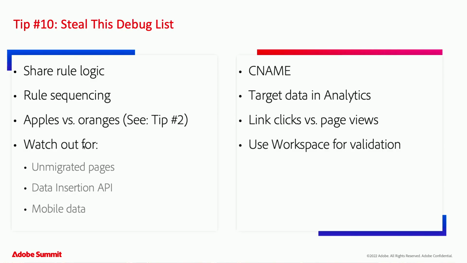Share rule logic. I actually already mentioned that. When you build out, use the same logic for analytics and data collection that you're using for Web SDK. We want to make the data collection process as parallel as we can. The next thing is rule sequencing.